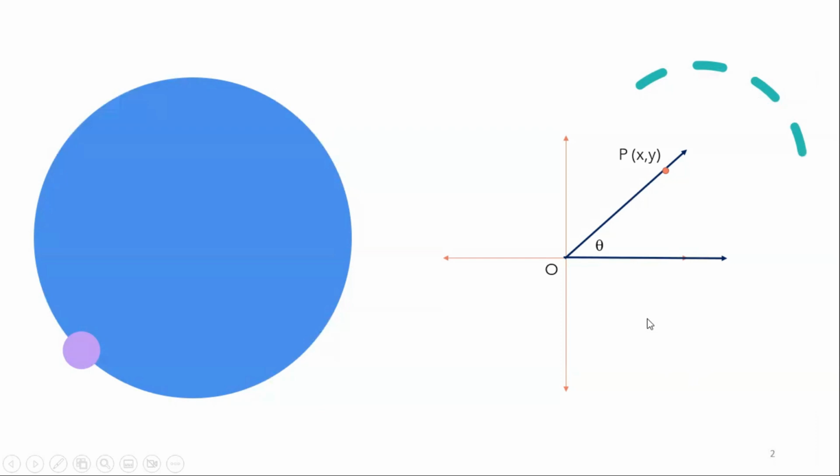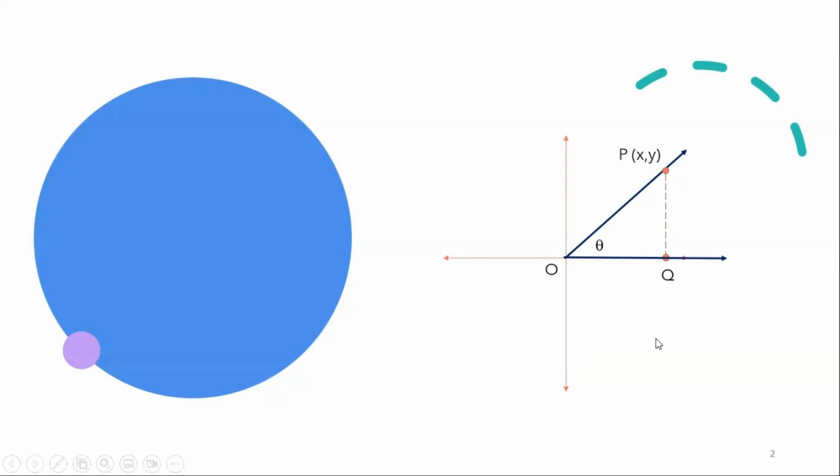The x coordinate is actually the directed distance of the point from the y-axis, and the y-coordinate of the point is the directed distance from the x-axis to the point. Okay, if we project a line from point P towards the initial side of the angle, and the intersection of this projected line and the initial side is denoted as point Q.